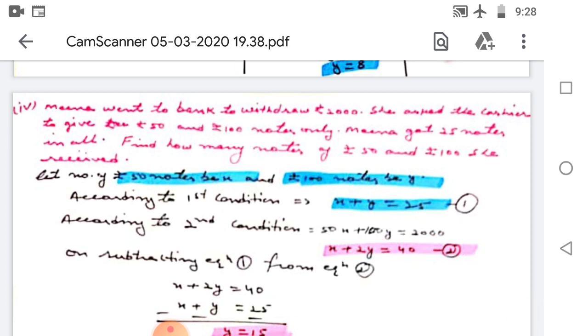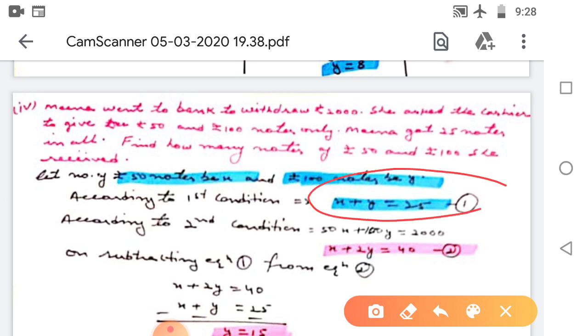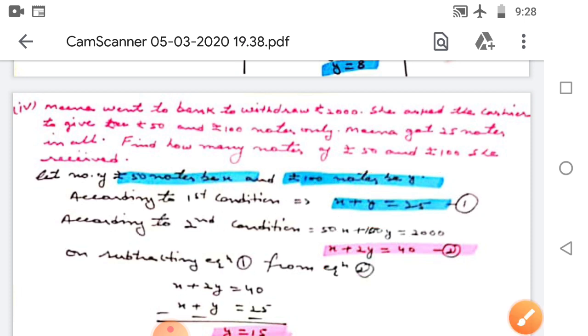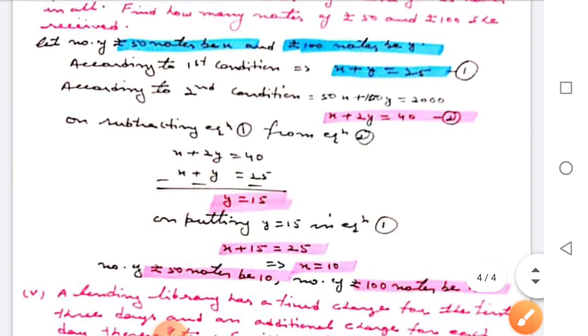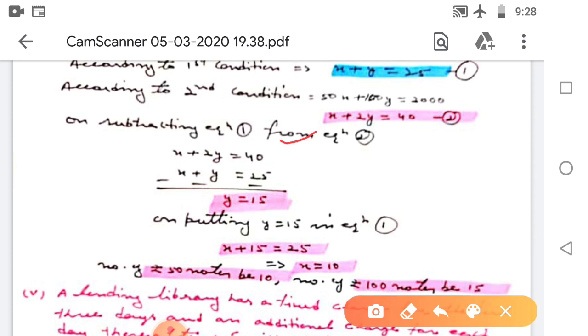So we have two equations. First, x plus y is equal to 25. Second, x plus 2y is equal to 40. The coefficient of x is 1 in both. So on subtracting equation 1 from equation 2, since we are subtracting, the signs change: x minus x is gone, 2y minus y is y, and 40 minus 25 is 15.